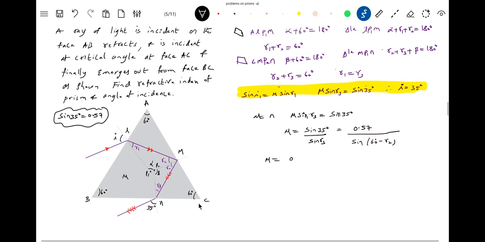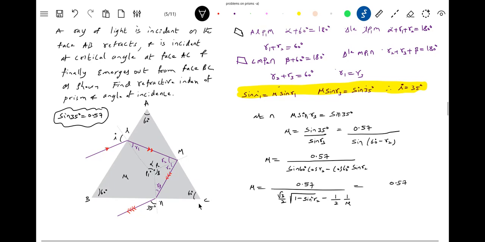This will expand to cos R2. So it undergoes TIR, no?